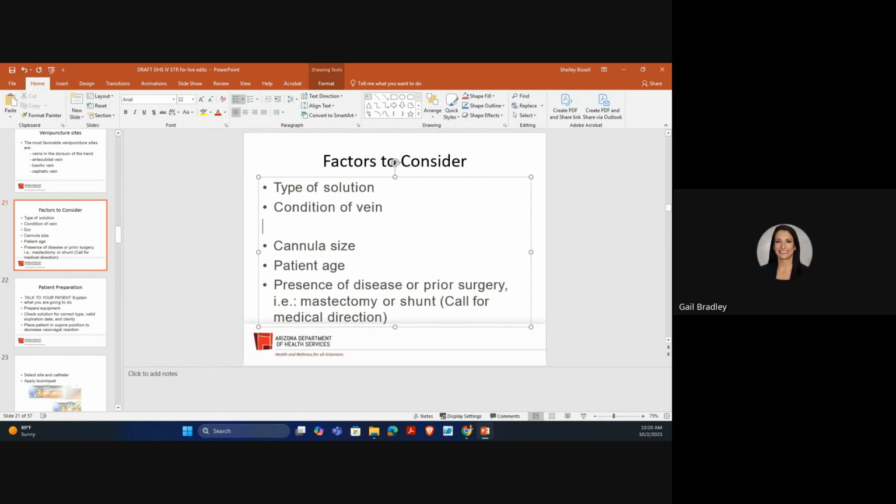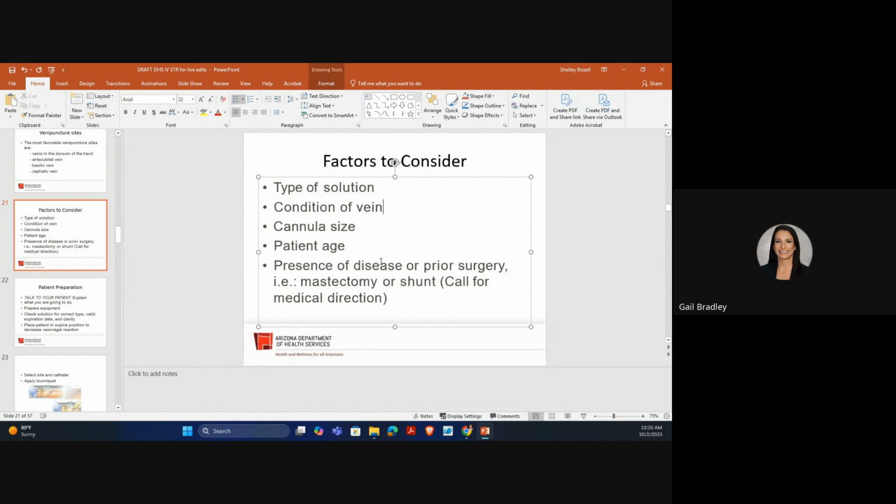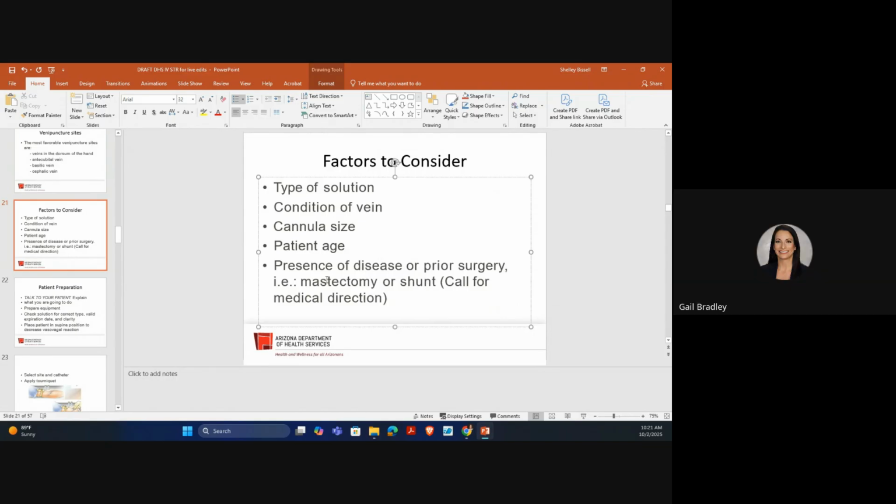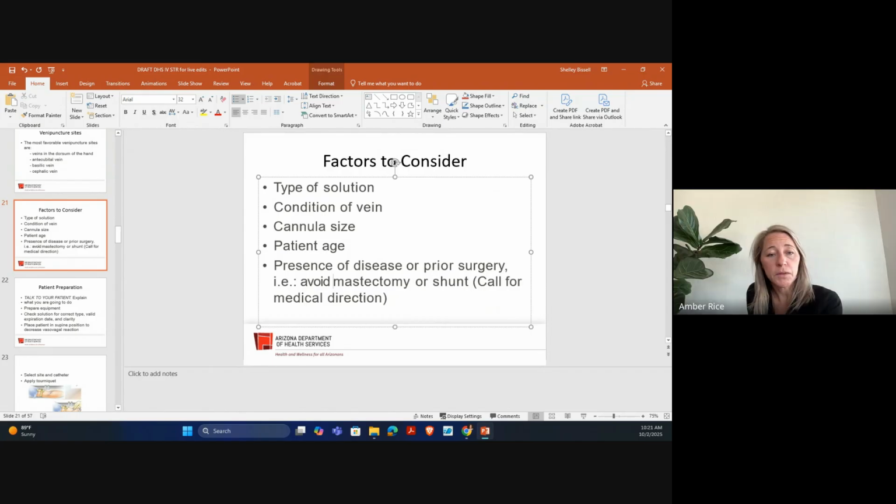I'm thinking for the last bullet, maybe we clarify: avoid extremity with mastectomy or dialysis fistula. I don't think most EMS knows the term fistula, but shunt may not resonate either, especially at the EMT level. Yeah, I think you're right.